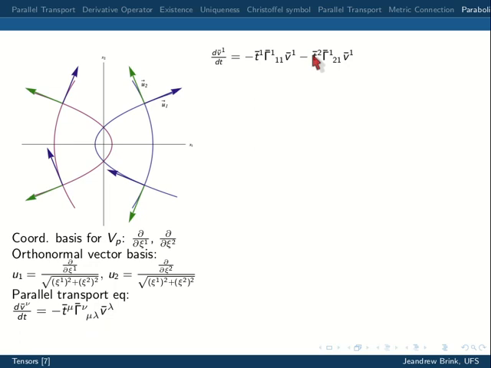So this is minus t2 gamma 1 2, so we're summing over that 1, v1. Now I'm going to sum over this lambda as well. So we will have minus t1 gamma 1 1. Now the second component 2, minus t2 gamma 1 2, summing over there and summing over there.